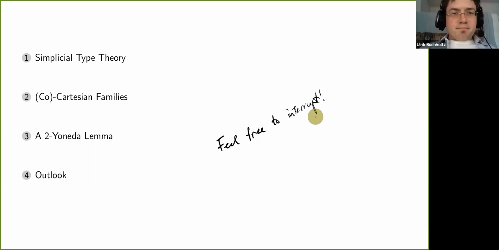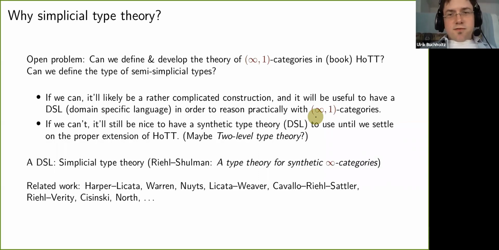Let me know. All right, so a bit of motivation. Why are we interested in simplicial type theory? The past years, the last year in particular, has seen a lot of progress on the major open problems in homotopy type theory, but one of them is proving very stubborn.